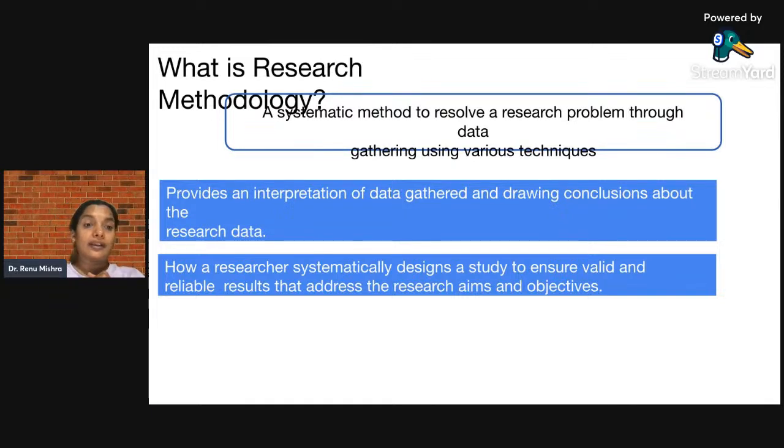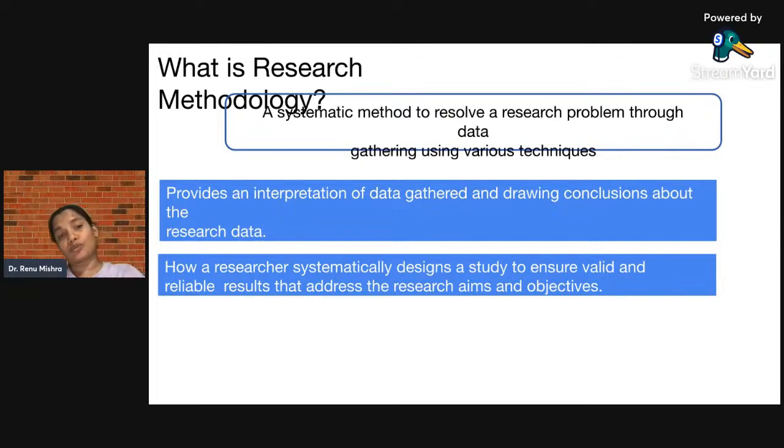Okay. Now, if somebody says that my interpretation of data will be this, data collection will be this, conclusions will be like this, that is the entire research methodology. Research methodology basically takes you to the end of solving the research problem.